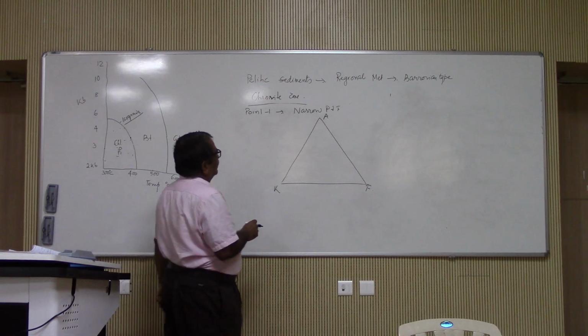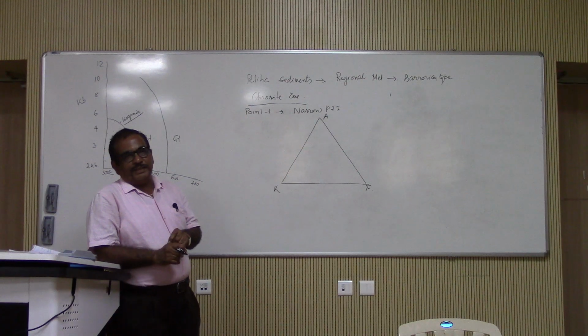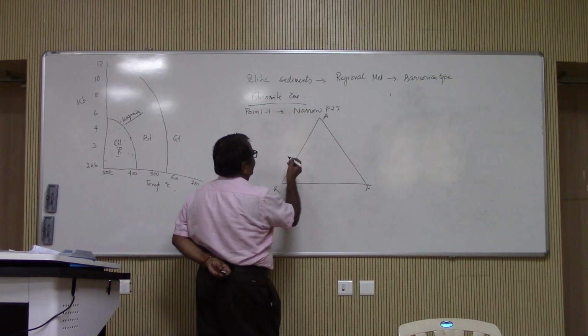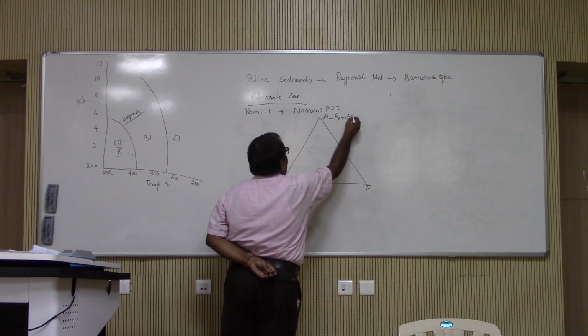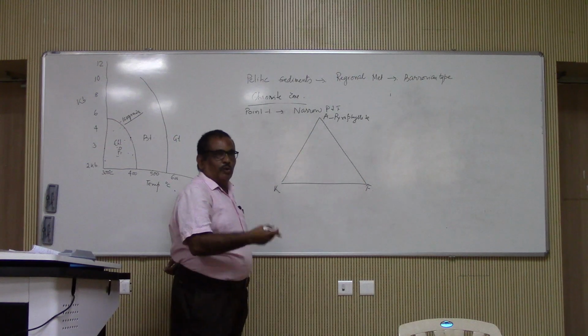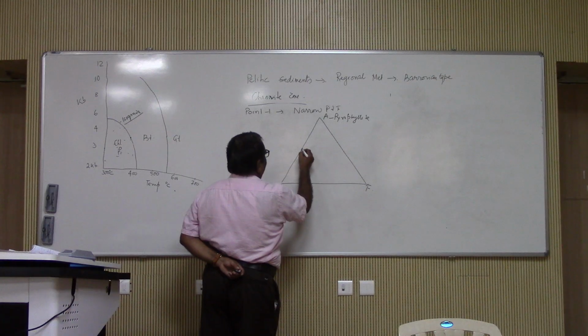Now, what are the minerals I have told you? One is muscovite, second one is chlorite, third one is pyrophyllite, fourth one is your potash feldspar. So where will be the muscovite? This will be pyrophyllite. Just like kyanite, sillimanite, andalusite, this pyrophyllite is the same, in low grade it occurs. So muscovite will be somewhere here.